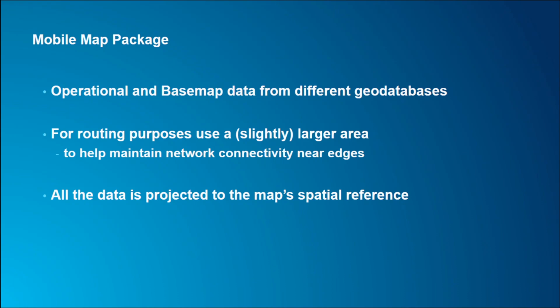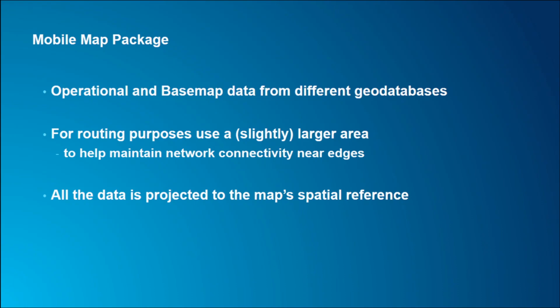For routing purposes, you really want to take a slightly larger area. And the only reason for this is if you're doing some routing near the edges, you want to ensure the connectivity that a user is going to want to have, that they could go outside the boundaries of maybe your map or of your study area at least, so that they can maintain that network connectivity and have a good route.